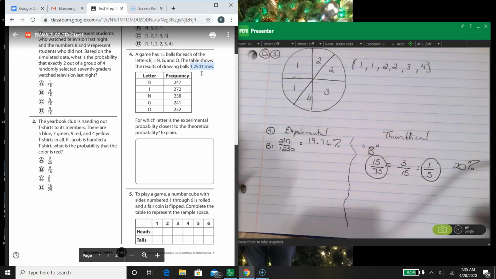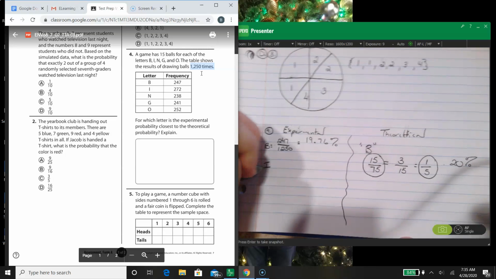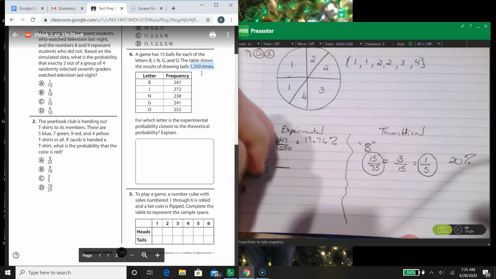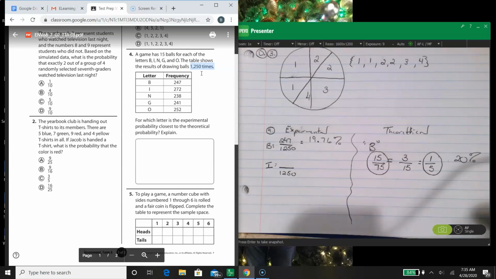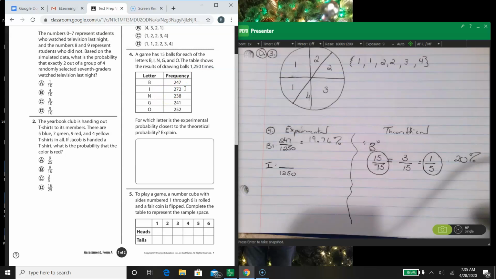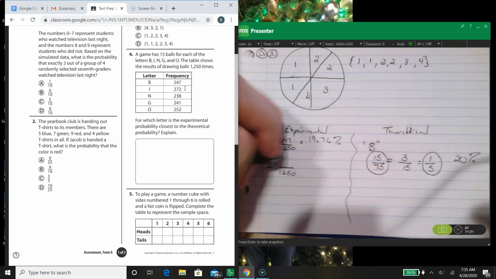All right, let's move into I. And again, I'm going to do the same thing. It's over 1,250, because the amount of balls that were drawn is the same every single time. Well, now how many times was I drawn? It was drawn 272.